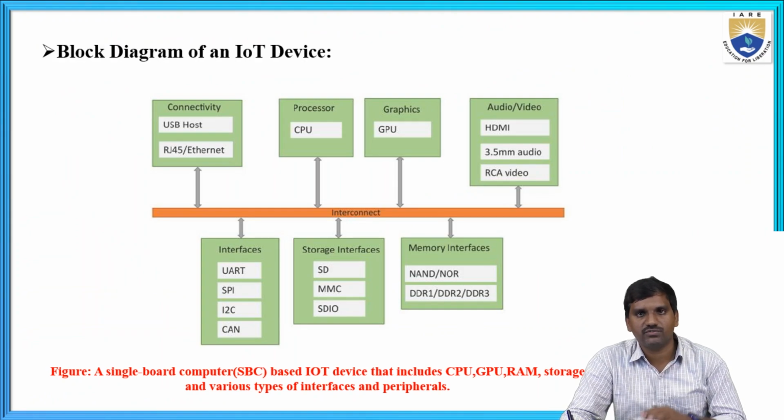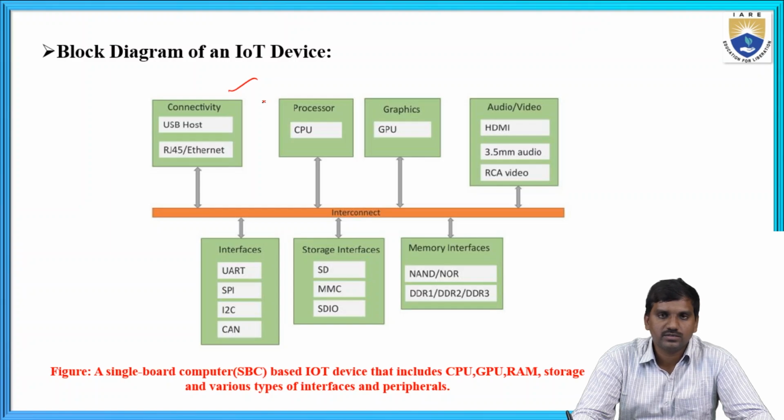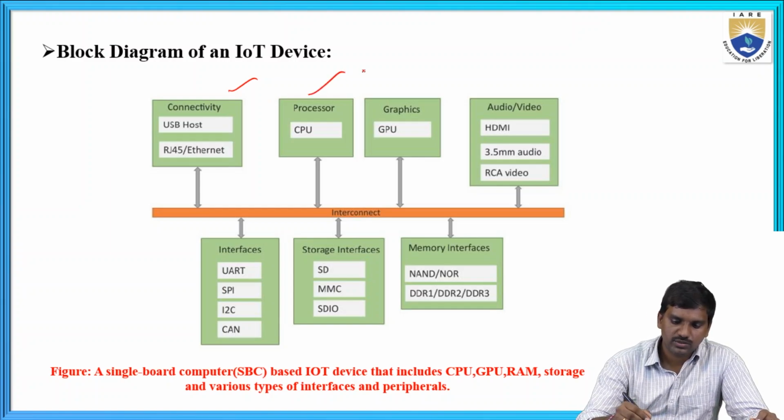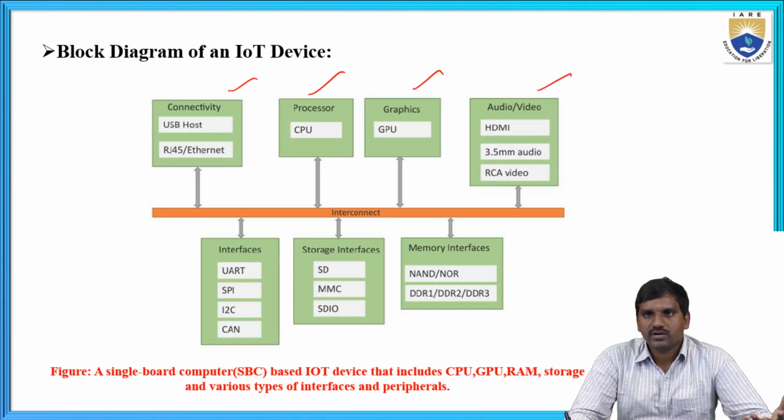Block diagram of an IoT device. Here we have different components: connectivity by using USB and RJ45 Ethernet, processor, CPU, graphics CPU, audio and video by using HDMI cable, 3.5 mm audio, RCA video, like that.